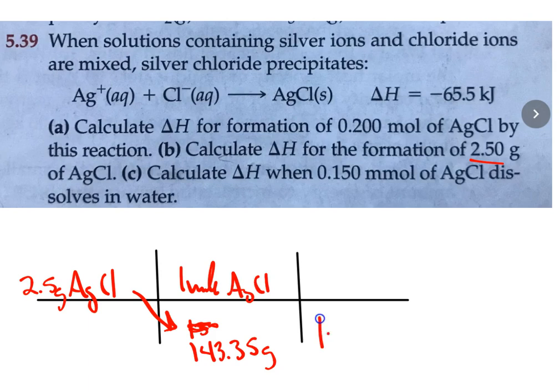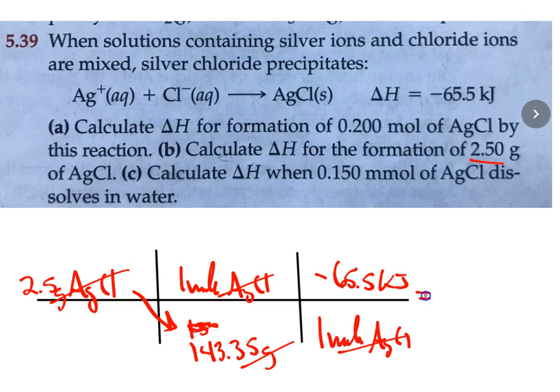And then it's the same thing at the end, right? 1 mole AgCl for every negative 65.5 kilojoules. I'm sorry. It doesn't get that much harder, I promise. And then everything cancels out except for kilojoules, and what do we end up with? Negative 1.14?